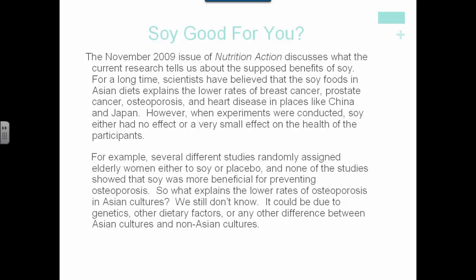For example, several different studies randomly assigned elderly women either to soy or placebo, and none of the studies showed soy was more beneficial for preventing osteoporosis. So what explains the lower rates of osteoporosis? We still don't know. It could be due to genetics, other dietary factors, or other differences between Asian cultures.